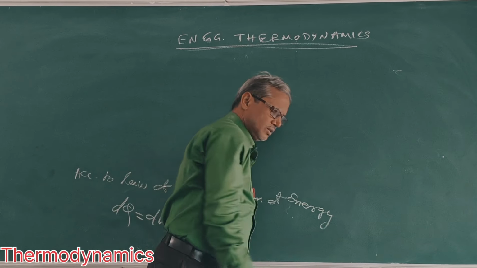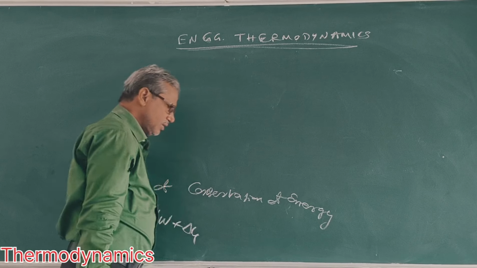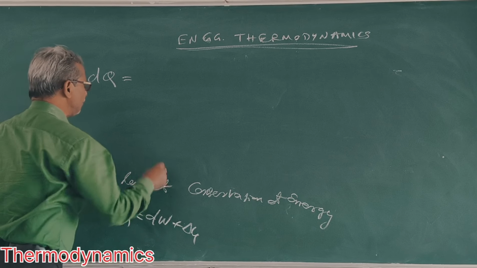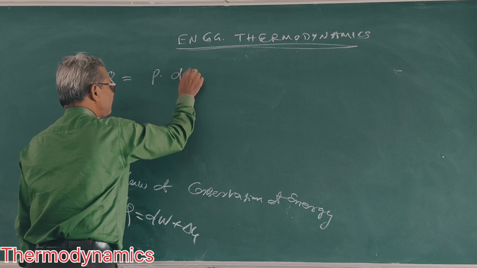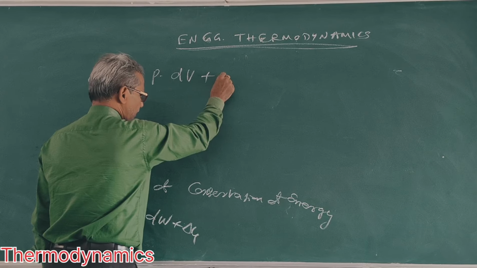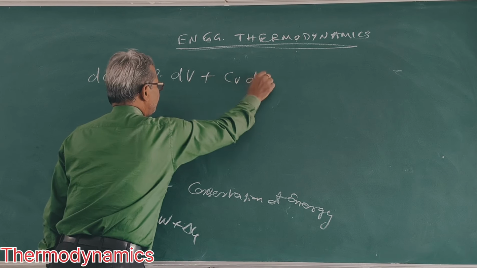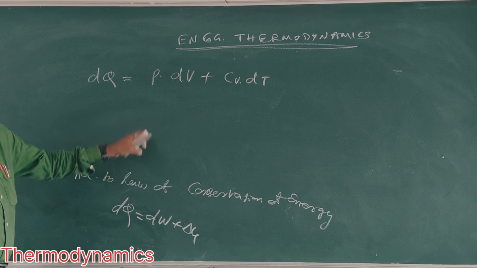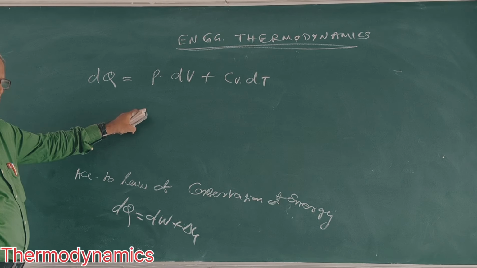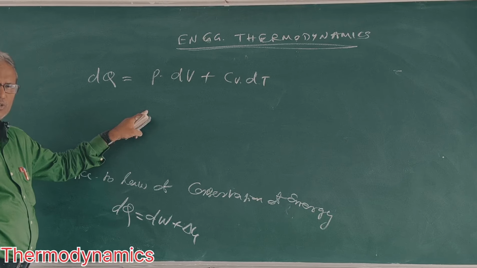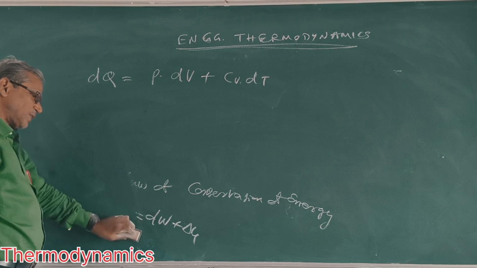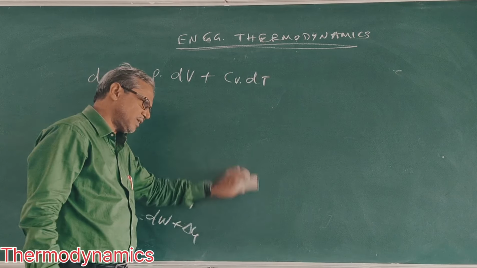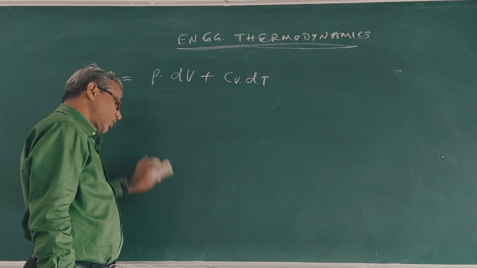So dQ is equal to dW, P dV, plus Cv dT. This is equation 1. For an adiabatic process, there is no transfer of heat, so dQ is equal to 0. We derive the expression for the adiabatic process.